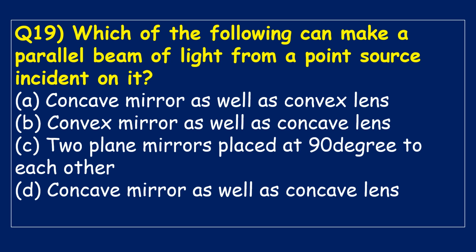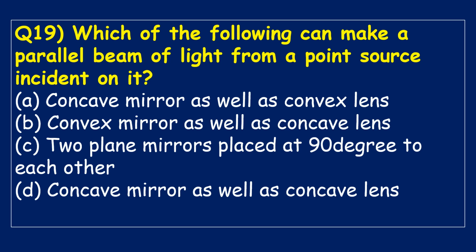Which of the following can make a parallel beam of light from a point source incident on it? Parallel beam of light from point source. Option A, concave mirror as well as convex lens. Option B, convex mirror as well as concave lens. Option C, two plane mirrors placed at 90 degree to each other. Option D, concave mirror as well as concave lens.